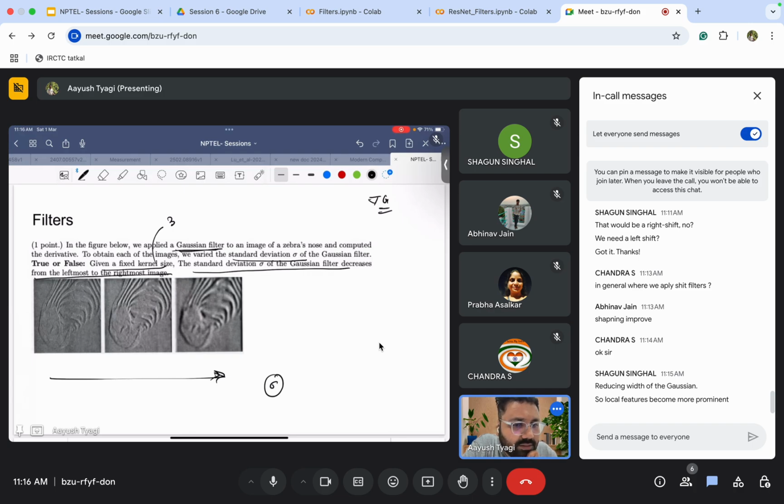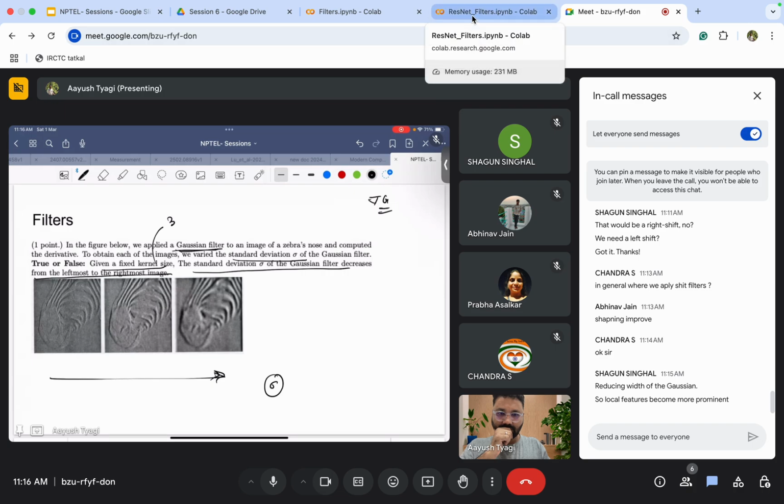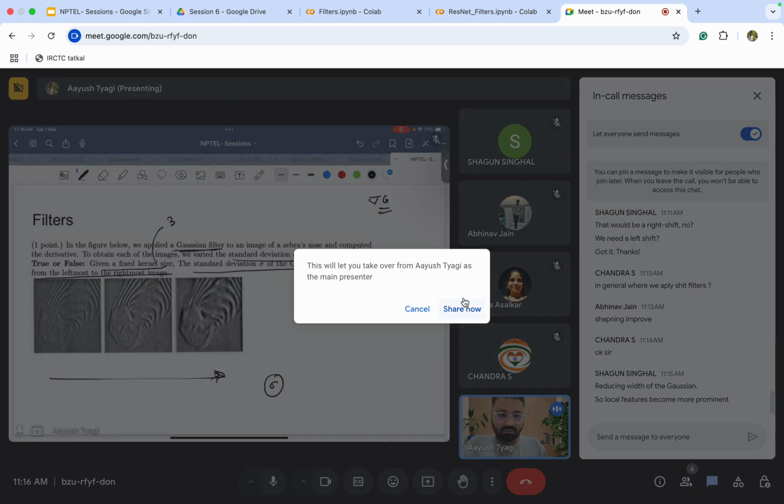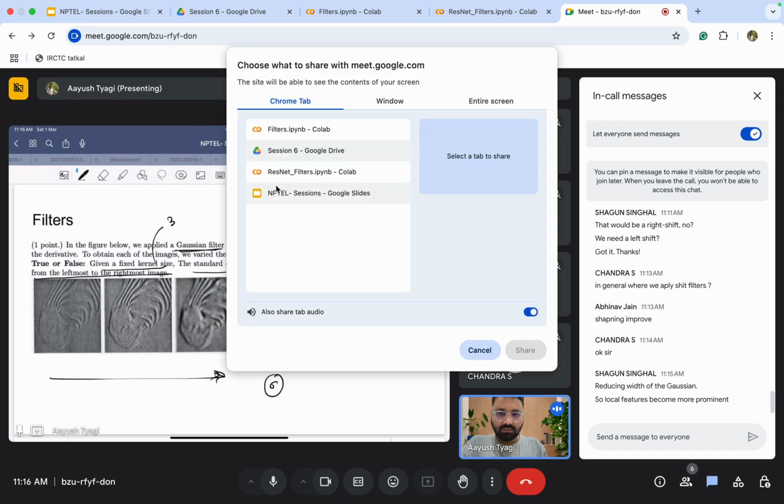Shagun is saying that we are reducing the width. Let me share a notebook with you so that we can actually do it and see.